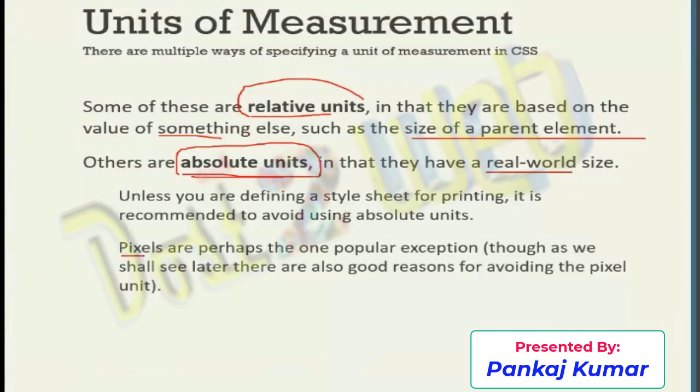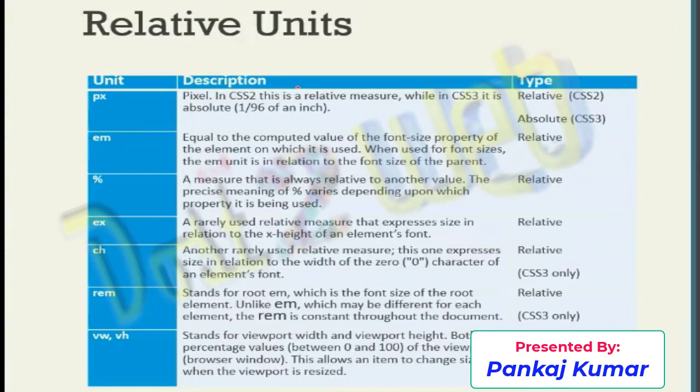As we have seen, pixels are perhaps one of the popular exceptions. If you define the pixel, the moment your screen reduces or increases, the pixel will be the same. It is not going to change. Okay. The relative units, what are they? You are going to use px, that means pixel.